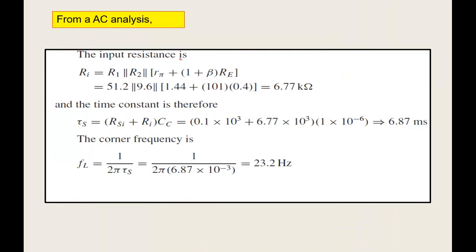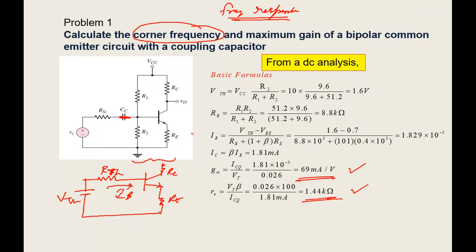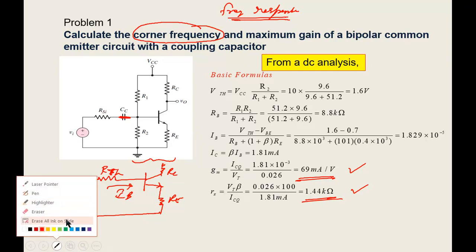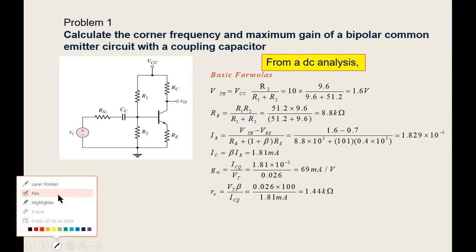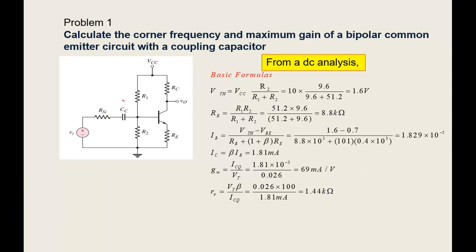Fine. Okay, now how will you find out your corner frequency? Once you have finished your mid-band gain analysis, you have to go for the frequency response analysis. So what do you do basically? You open circuit this one.